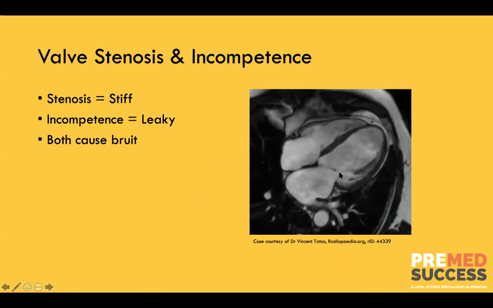And you'll notice, you can see it here as black, slightly turbulent blood flowing back into the atrium here. And so the next question I'm going to ask is, hang on a sec. There you go. Is this valve stenosis or valve incompetence?